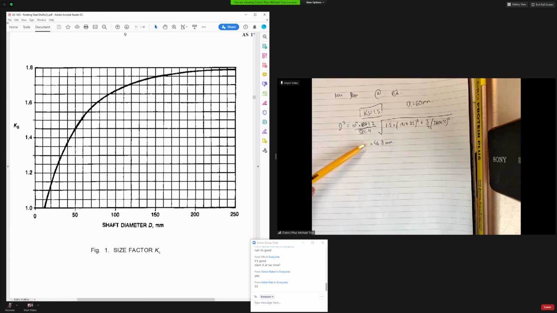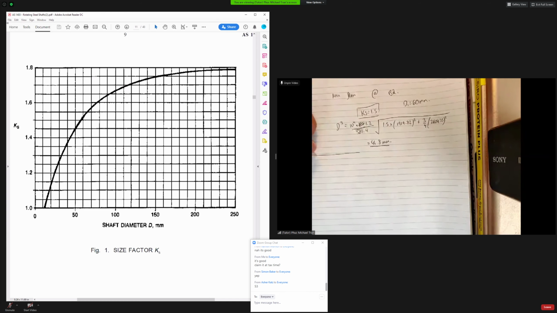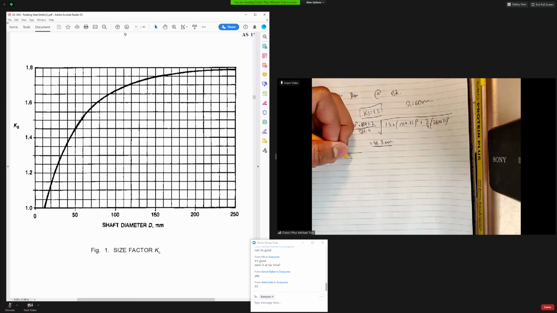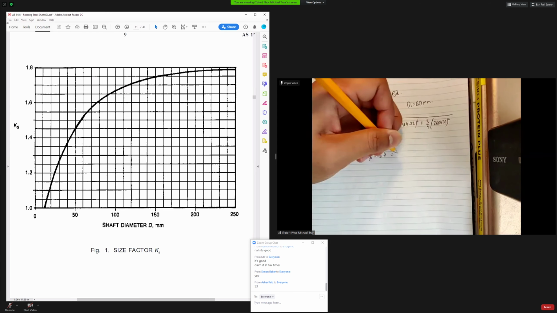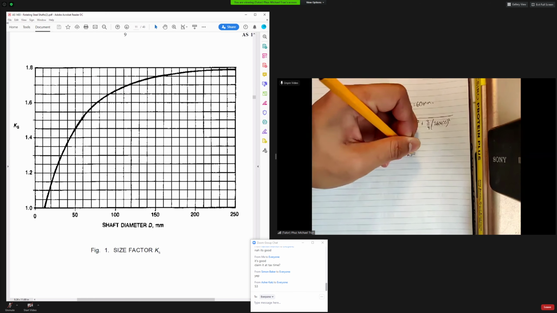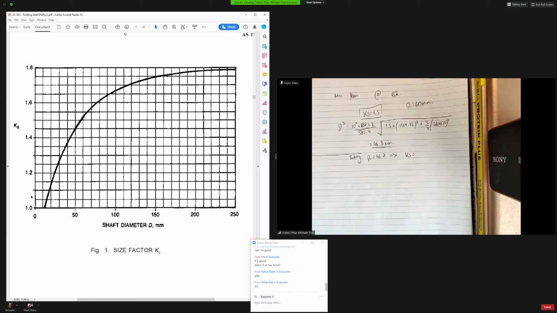and that's quite far from our initial guess, so we'd have to do it again. Taking DI equals 46.8, KS, yeah, let's go 1.5. 4, sorry.